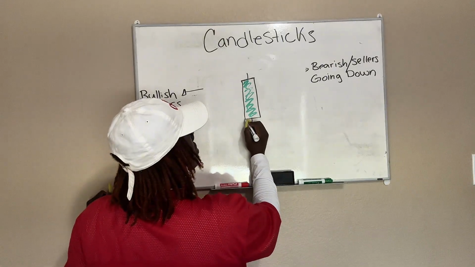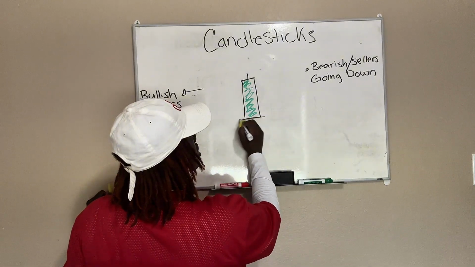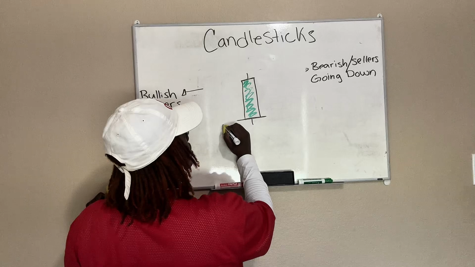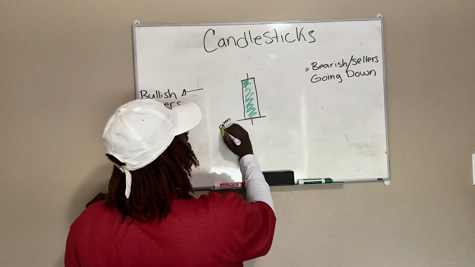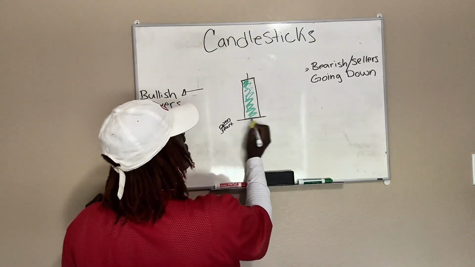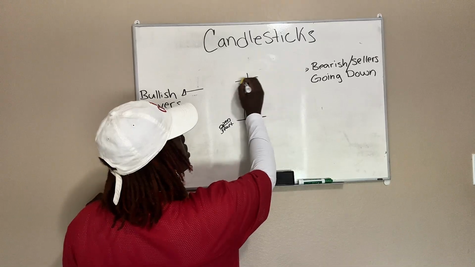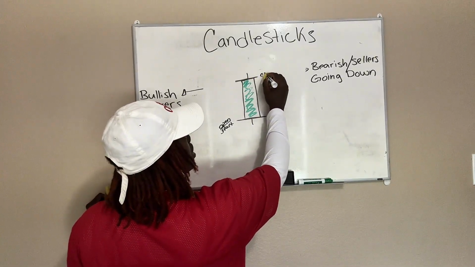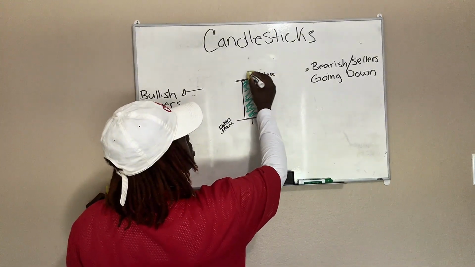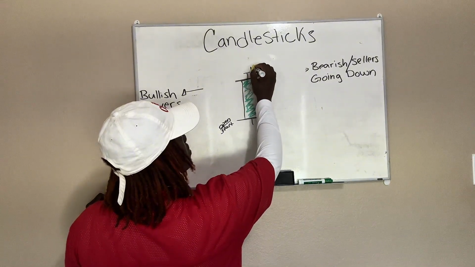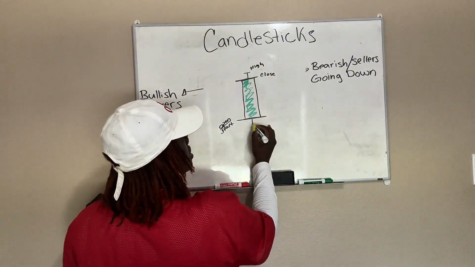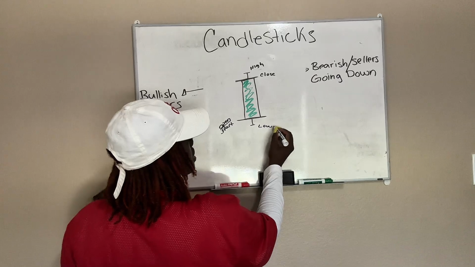Okay, so this right here is your open. In other words, where it started. This at the top is where it closed. This is how high it went. This is how low it went.